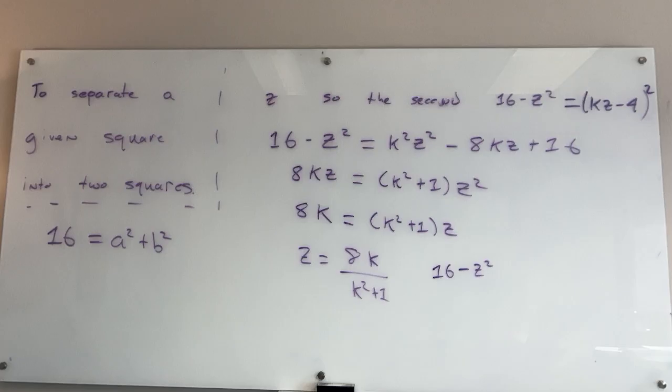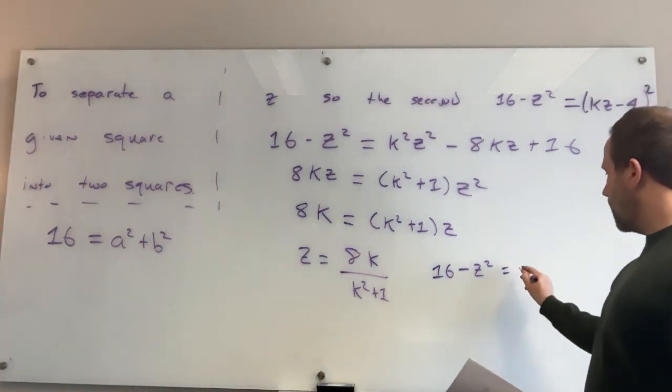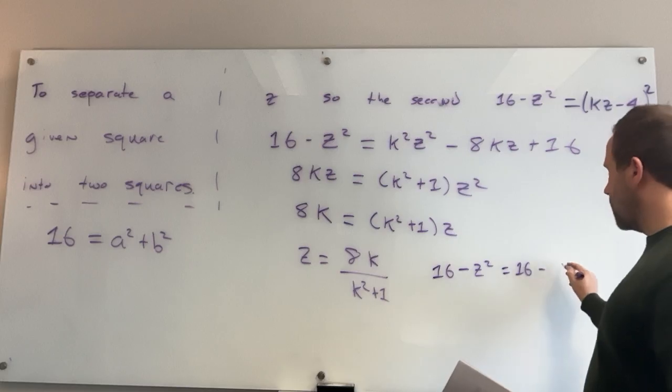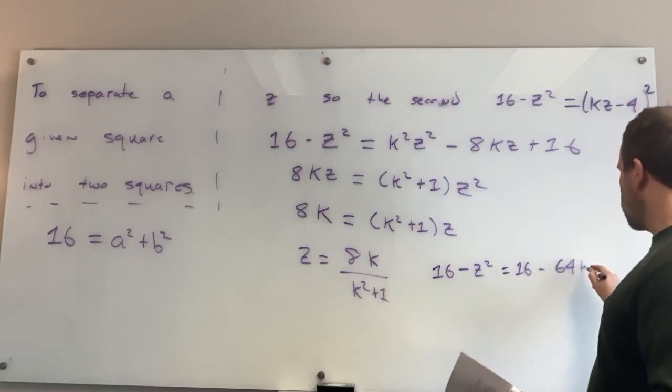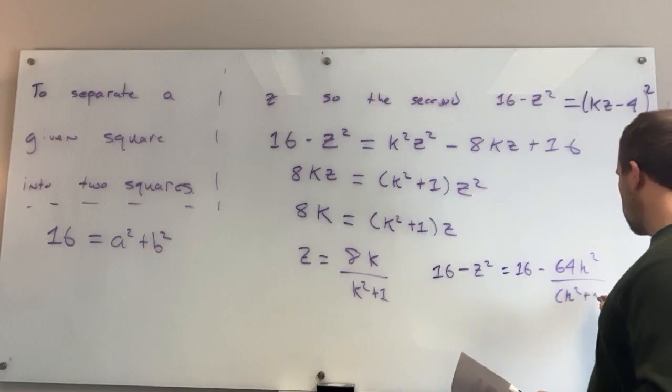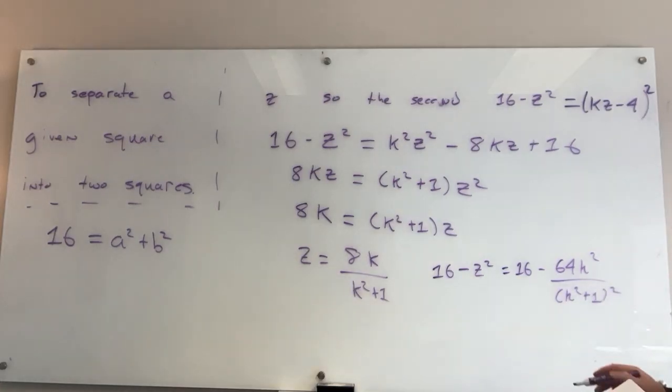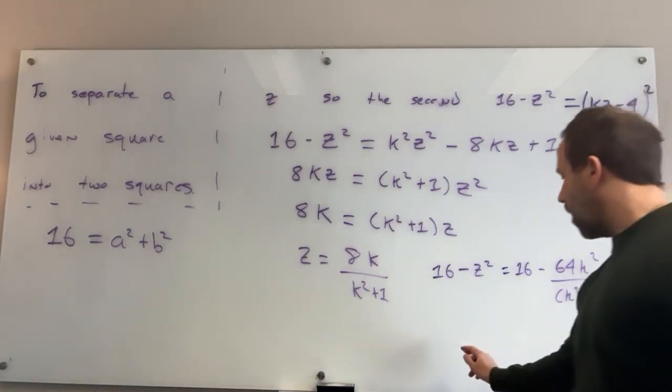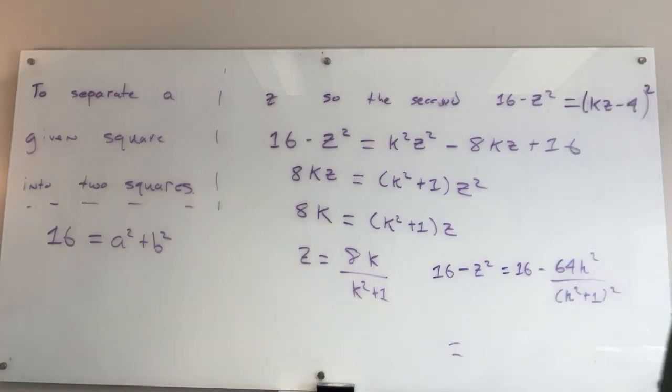Okay. 16 minus z squared is equal to 16 minus 64k squared over k squared plus 1 squared. And now this simplifies to the following.